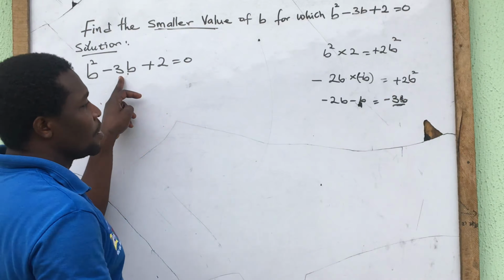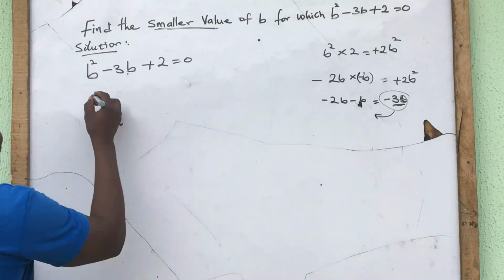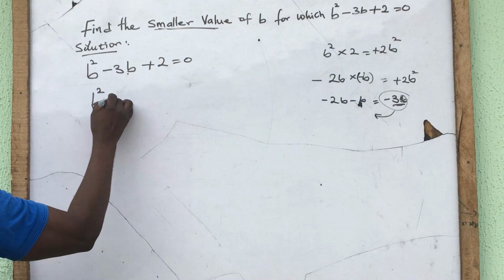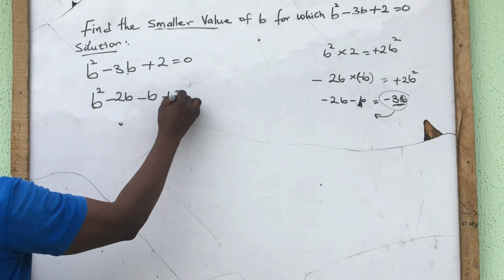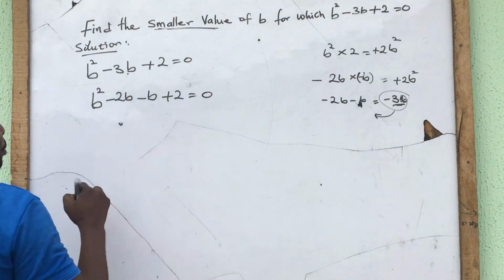So we use this one to replace this. Therefore b squared minus 2b minus b plus 2 equal to 0. Let's group by grouping.